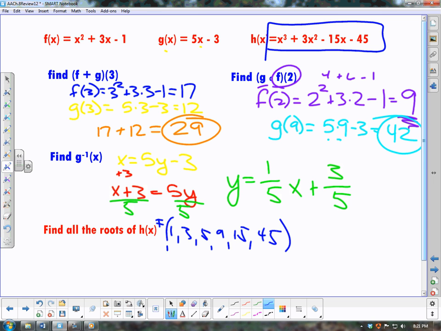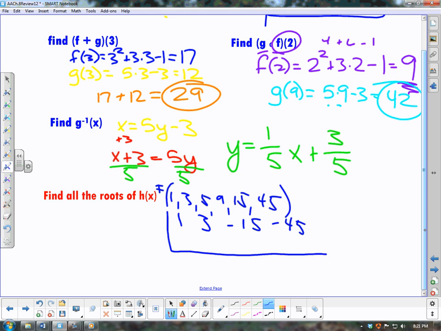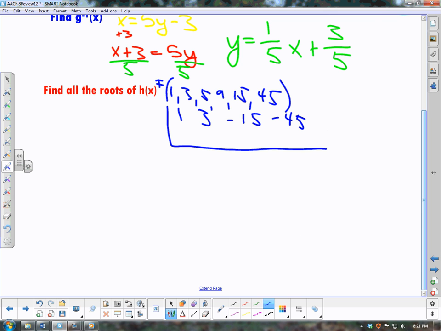And so then doing our L thing, we would have 1, 3, negative 15, and negative 45. And then we have to try values, and let's see, we are going to try negative 3 first. So 1, negative 3, 0, 0, negative 15, 45, 0. Hey, we found a root.